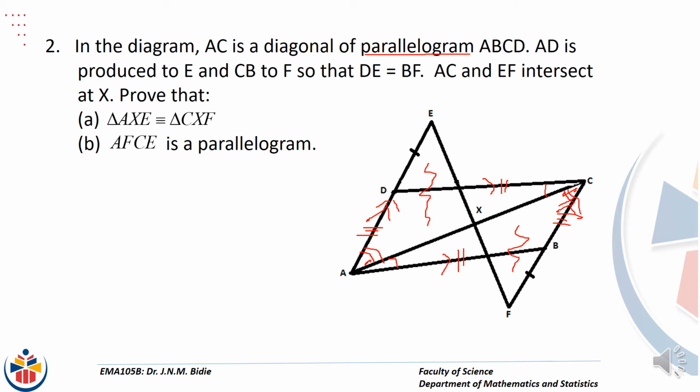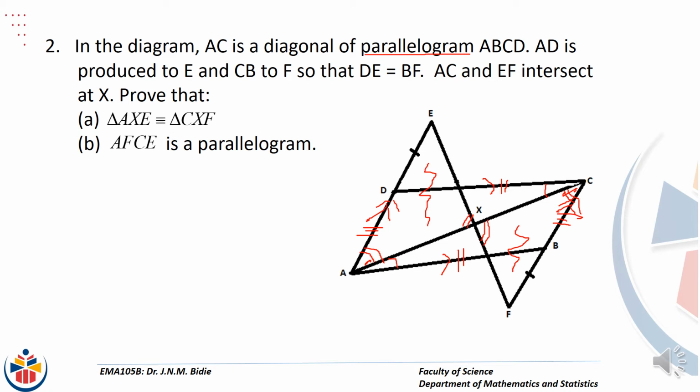Next up, I've got vertical opposite angles. Angle EXA is equal to angle CXF, vertically opposite angles. And then lastly, I have AD equal to BC and also DE equal to FB.